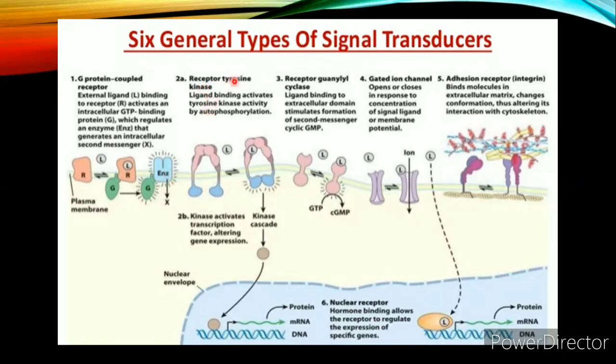Then second one is the receptor tyrosine kinase. Receptor tyrosine kinase is the plasma membrane receptor that also has enzymes. The extracellular ligand binds to the extracellular site of the receptor, and this receptor is activated and then catalyzes the phosphorylation process for several cytosolic and plasma membrane proteins.